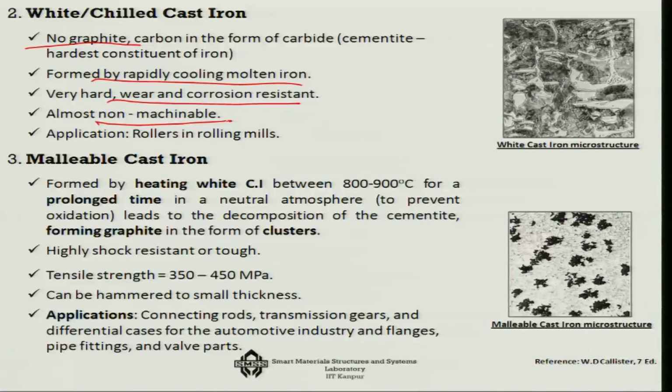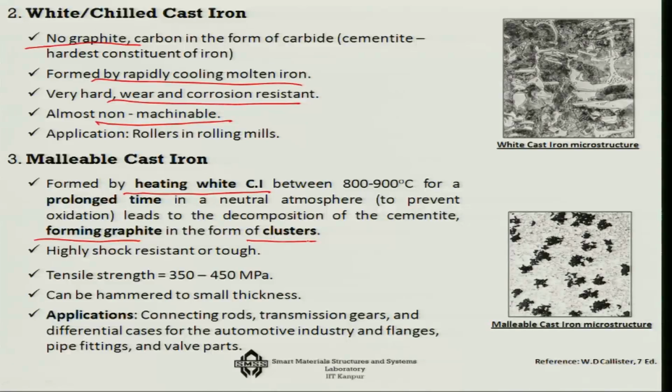Then there is the malleable cast iron, which is formed by heating white or chilled cast iron between 800 to 900 degree centigrade for a prolonged time in a neutral atmosphere to prevent oxidation, which leads to the decomposition of the cementite, forming graphite in the form of clusters.